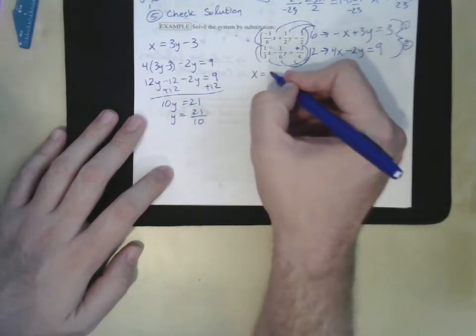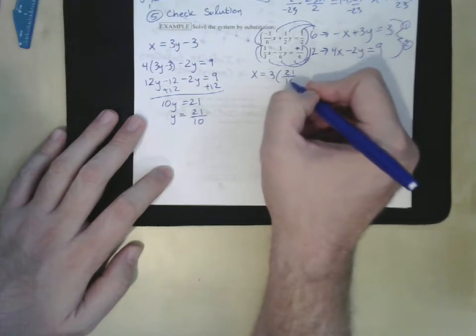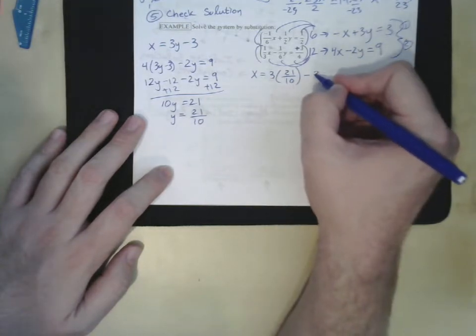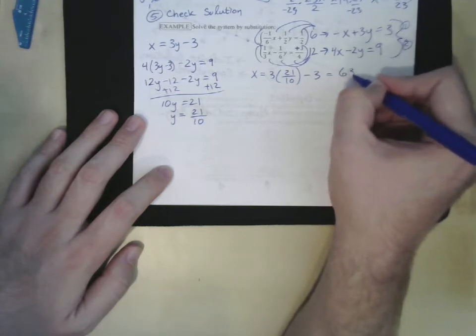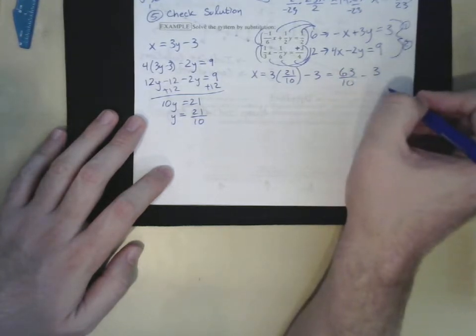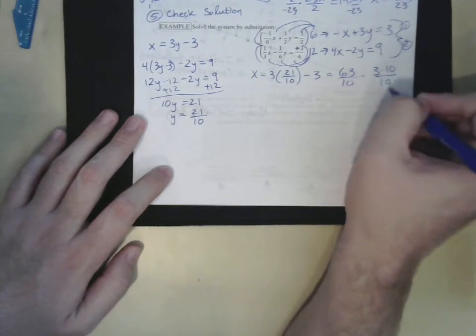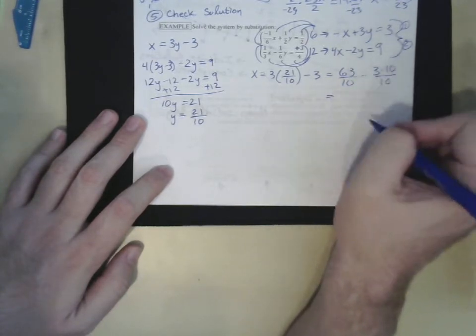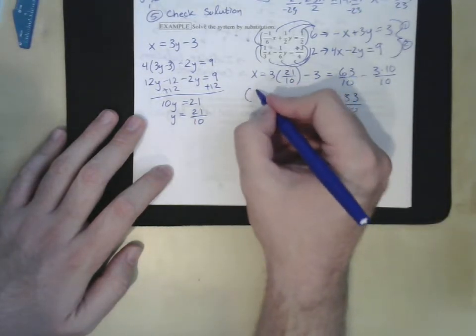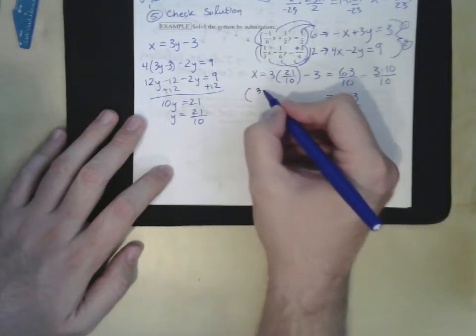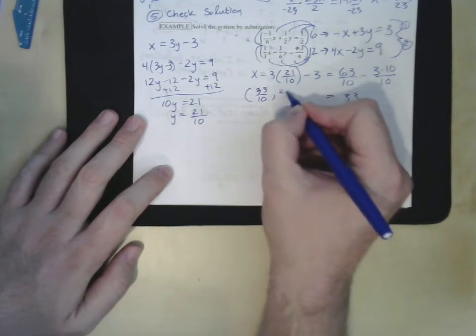So x equals 3 times 21 over 10 minus 3. So this is 63 over 10 minus 3 times 10 over 10. So this is 63 minus 30, which is 33 over 10. So we are working under the assumption that our solution is 33 over 10, comma 21 over 10.